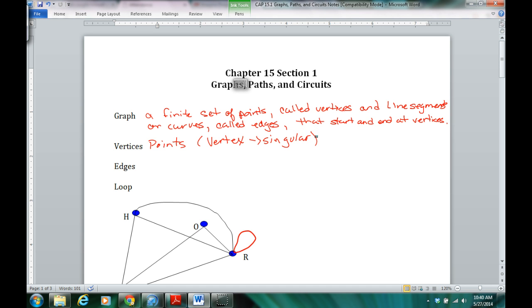Okay. An edge. An edge is a line segment or curve that start and end at vertex or at vertices.